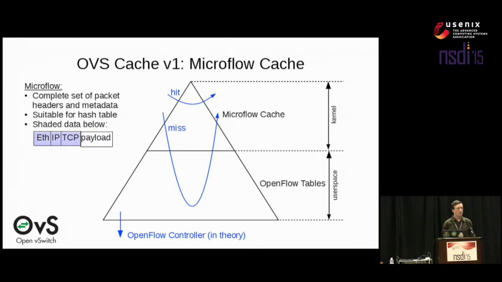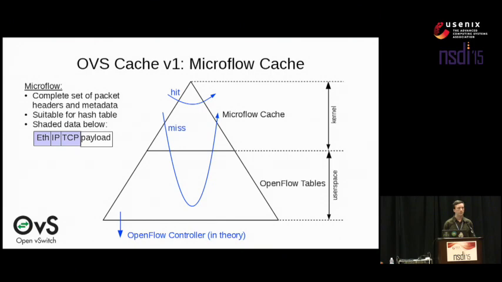A microflow, in a network sense, is an individual stream of packets through the network. From the viewpoint of packet headers, it's the complete set of the relevant packet headers and the metadata. The nice thing about a microflow is that it's really easy to throw it into a hash table. So we did that, and you can see the cache design here.